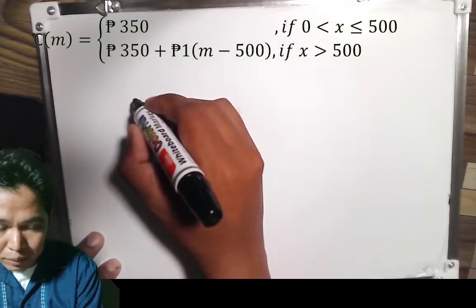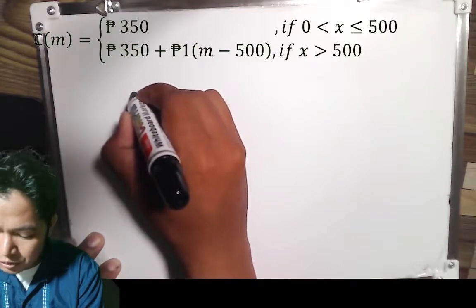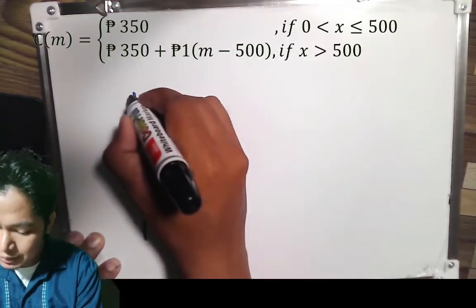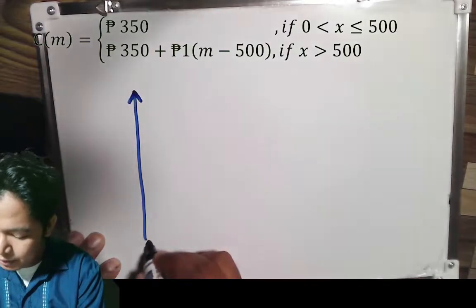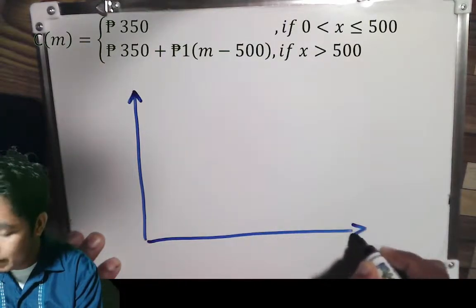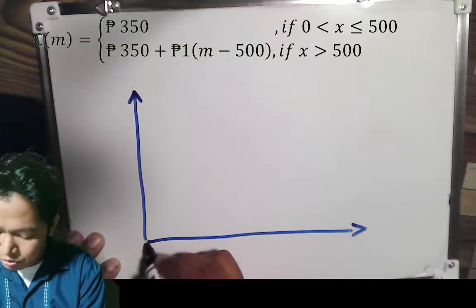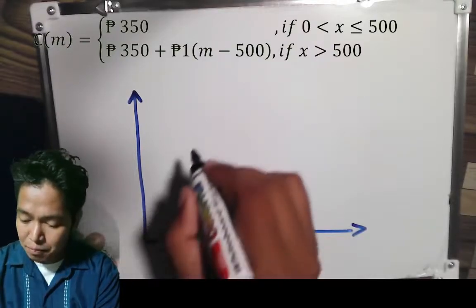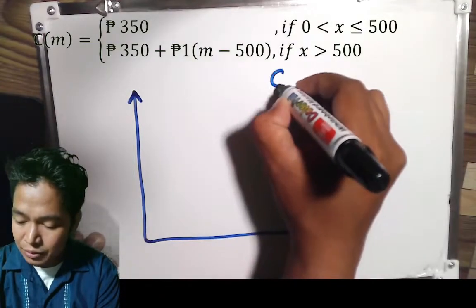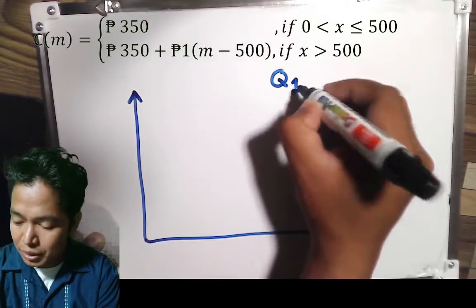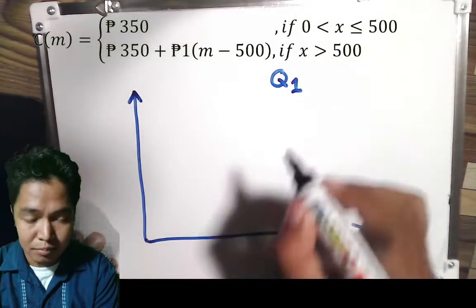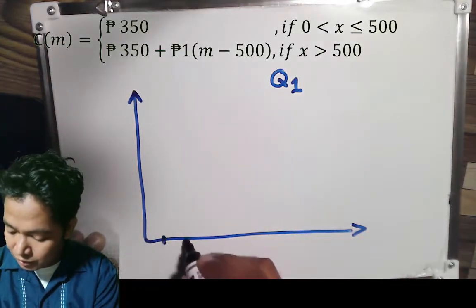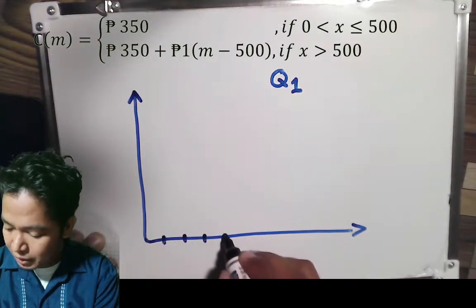So, ang ating graph ay kukunin lang natin yung first quadrant kasi positive naman lahat sila. Okay. So, ang ating graph ay nasa quadrant 1 lang tayo since lahat naman po ay positive numbers. So, let us have representation.